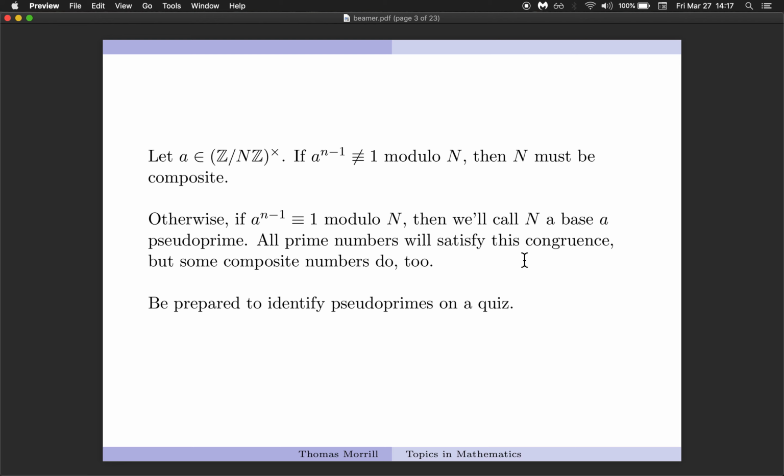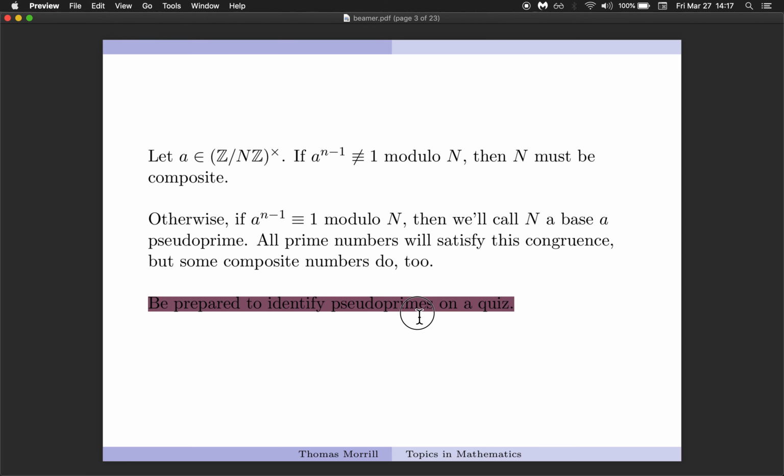But some composite numbers also will satisfy this kind of a congruence. So the best that we can say, since we don't have enough information after performing this test, is that n is a base a pseudoprime. As far as the residue a is concerned, n is pretty much a prime number, as close as we can tell, but not definitively an actual prime. Again, this was the test we were looking at last time.